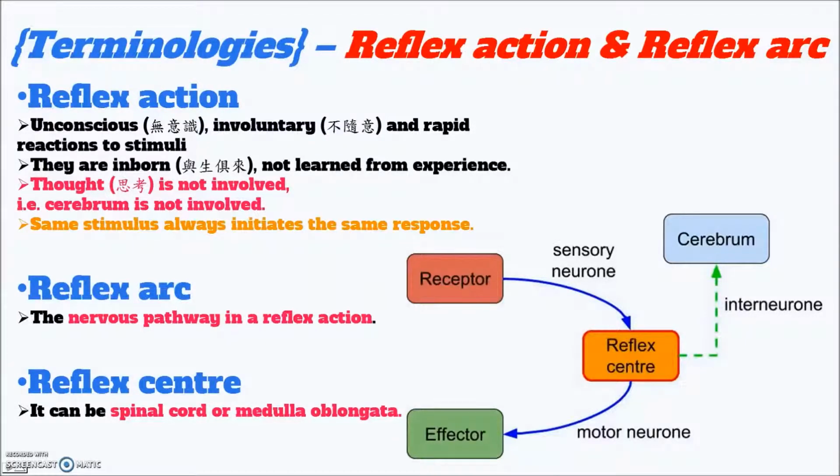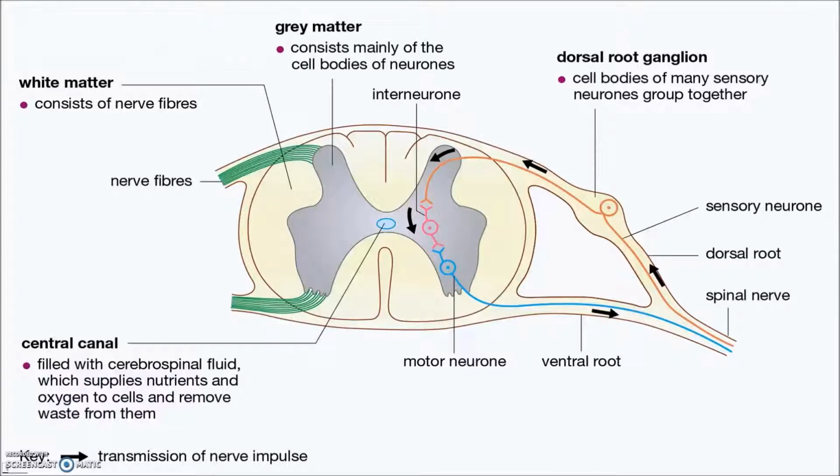And for this diagram, I would like to recall the concept of the dorsal root and also the ventral root. The dorsal root has a structure called the dorsal root ganglion, because it contains the cell body of the sensory neuron.